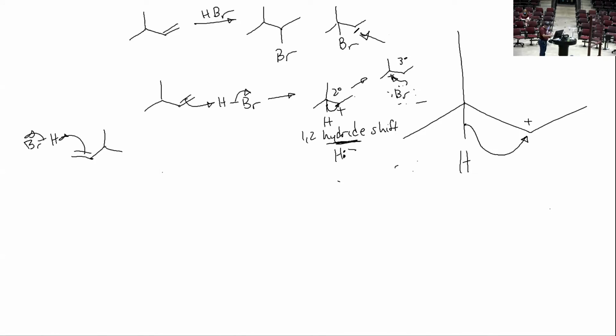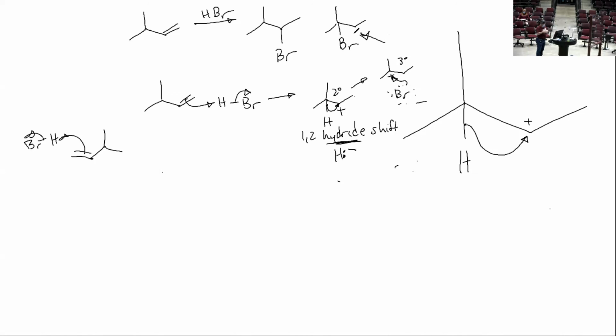So what you need to know about carbocation rearrangements is what I said. Whenever you have a reaction that goes through a carbocation intermediate, which this one does, we know that because we've gone over the mechanism, then you need to look at carbons adjacent to the carbocation and see if there's any way to move something over in order to make a more substituted carbocation.